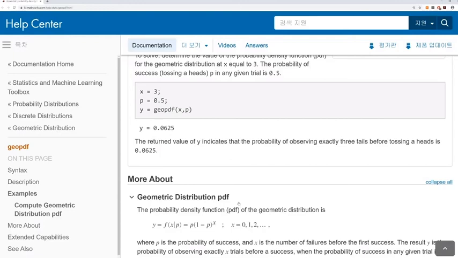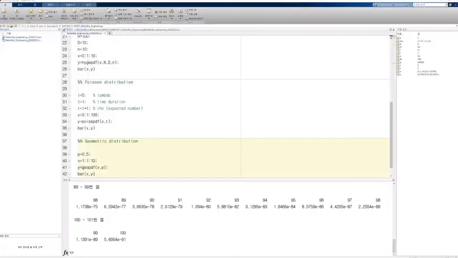So the definition of geometric distribution used in MATLAB is slightly different from the one that is described in our textbook.